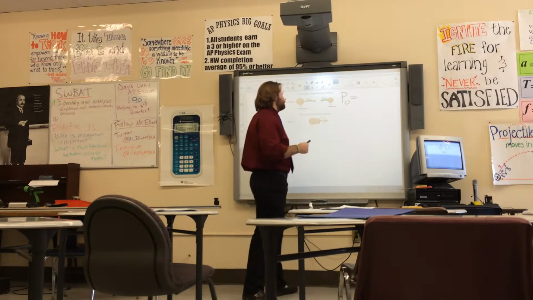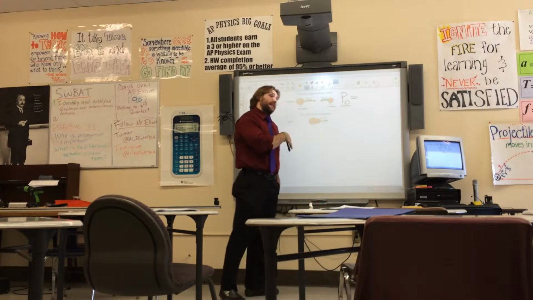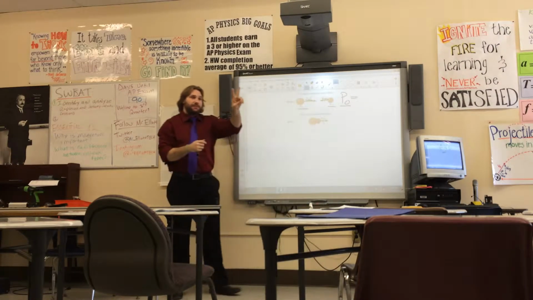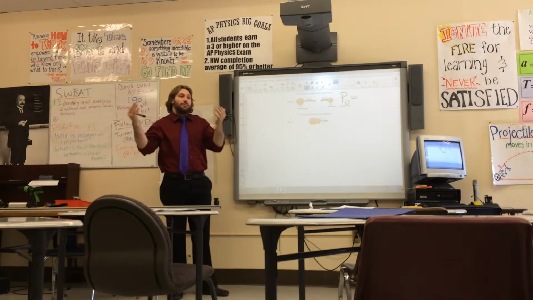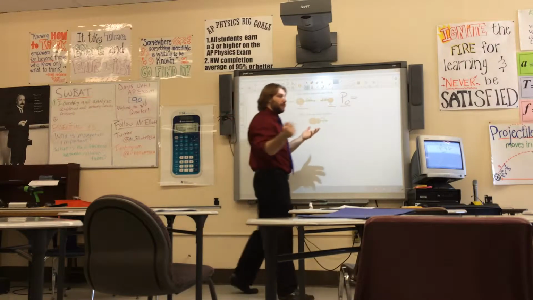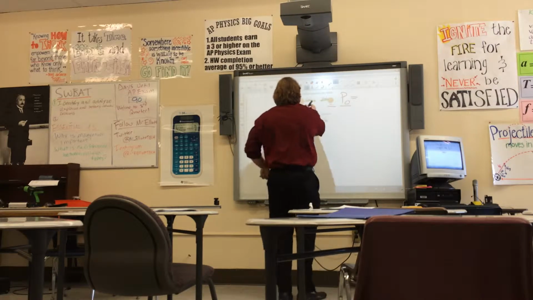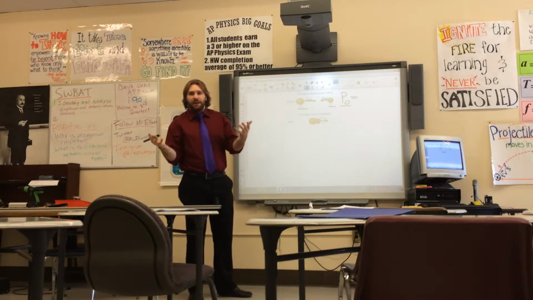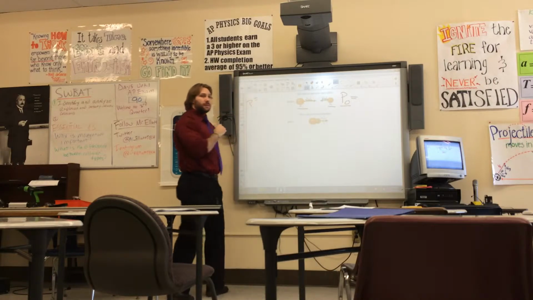Just think in terms of before they collide: I have two objects and two momentums, and I want to know the total momentum. So how do I find it? I gave you a little hint: you add. I'm going to add the momentum of this one plus the momentum of that one. What's our basic equation for momentum?